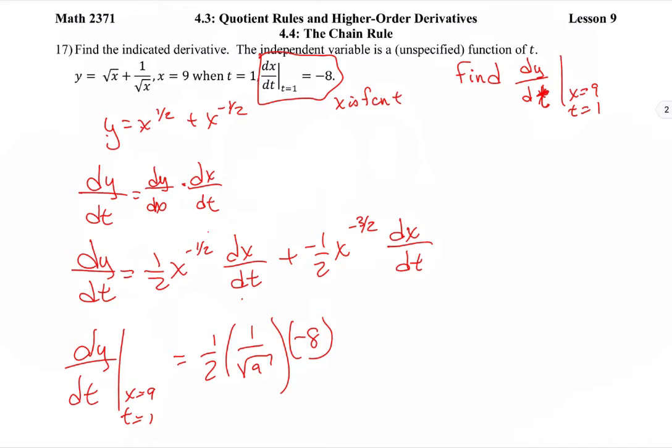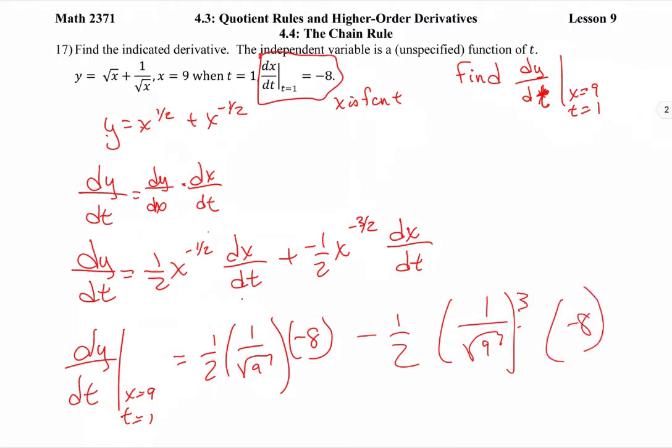And so then I have minus 1/2 times 1 over the square root of 9, cubed, times -8.